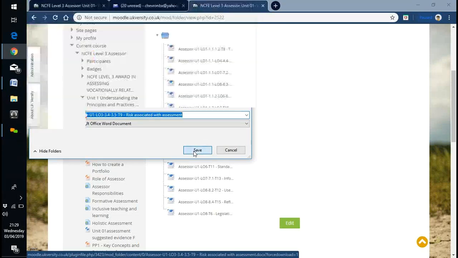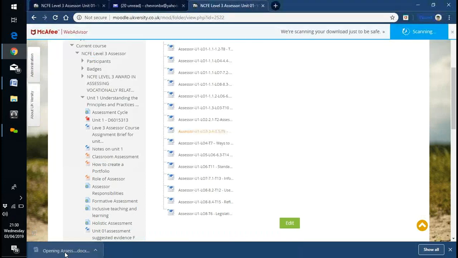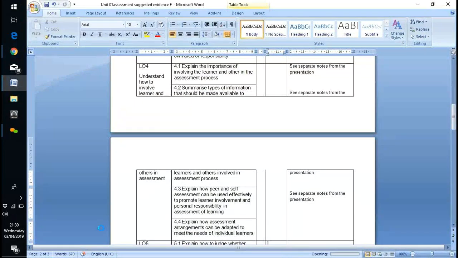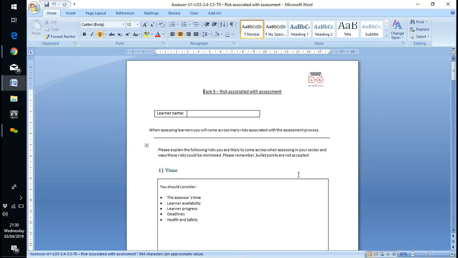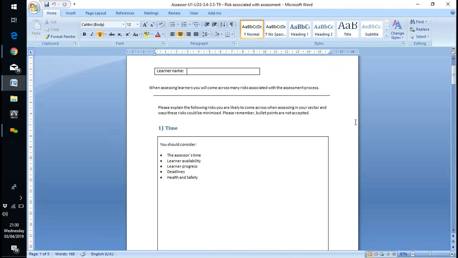It's the one we covered last week, Rick. It says quite plainly on each one of these, please explain the following risks you're likely to come across. Please remember, bullet points are not acceptable, yeah? Okay. So you need to fully write out, yeah?